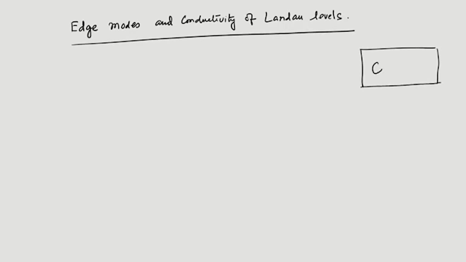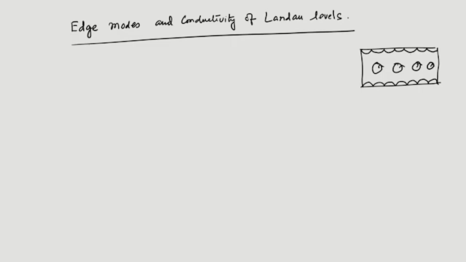So these are the closed orbits which do not give rise to any passage of current. However, the electrons do not get to complete full oscillation at the edges, and they would move in this fashion at the edges. So they would give rise to drift as well as conductivity.